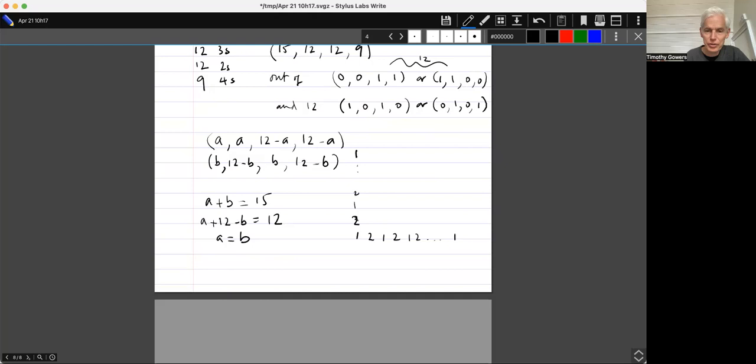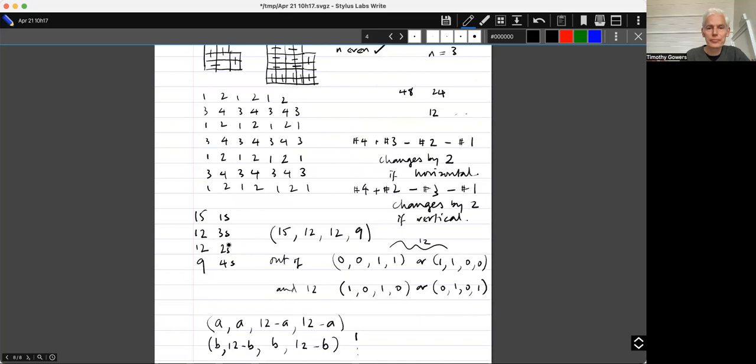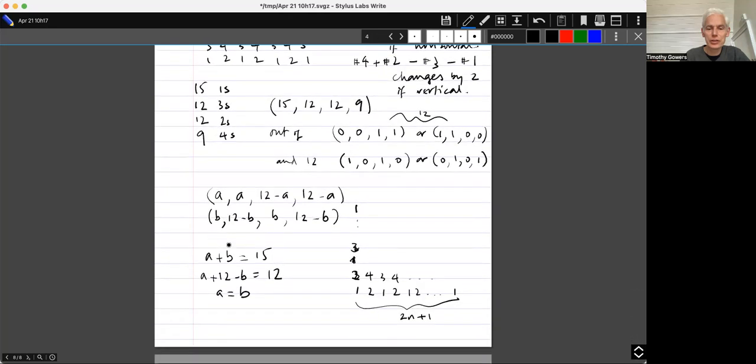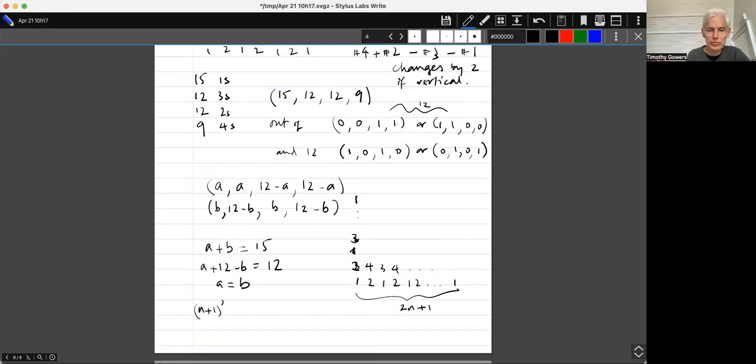That's a 3. 1 3 all the way up to 1 3 4. This is 2n plus 1. So the number of ones is n plus 1 squared minus 1 ones.